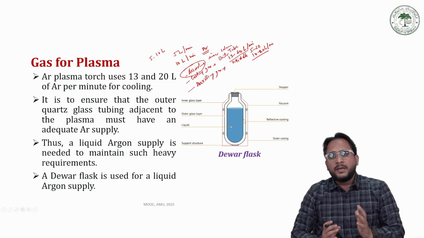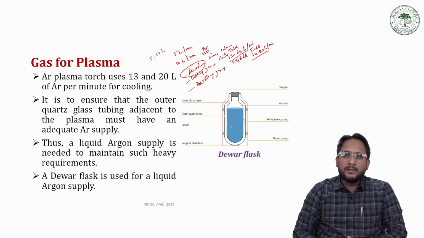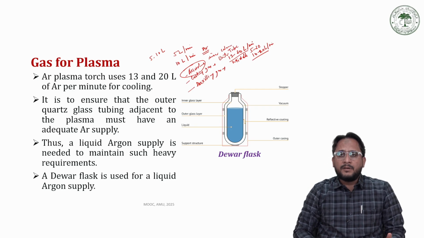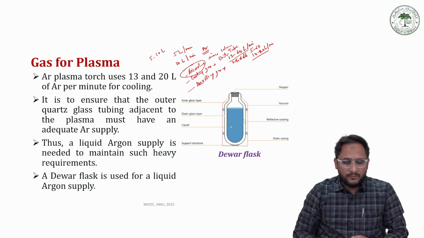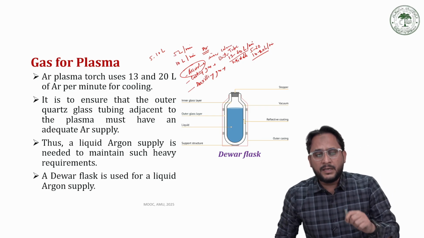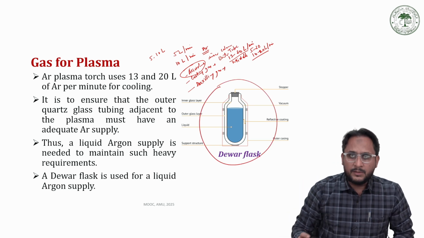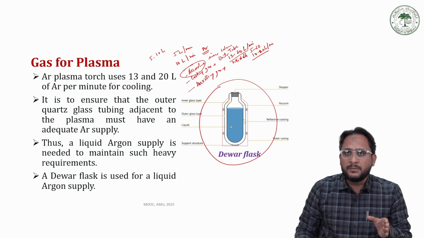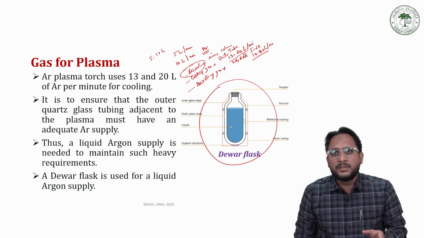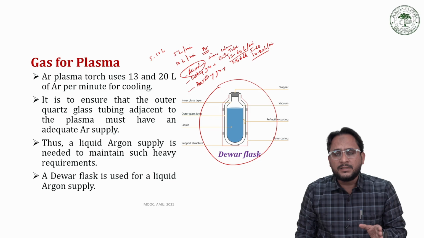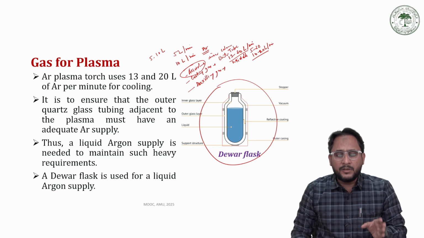So very high flow rates are required, even higher than our other plasma making techniques like direct current plasma and microwave plasma. Therefore such a high rate is maintained with the help of a Dewar apparatus. As I told you earlier about the Dewar apparatus, it is used to store gases under cryogenic conditions, meaning those gases which have very low liquid temperature.